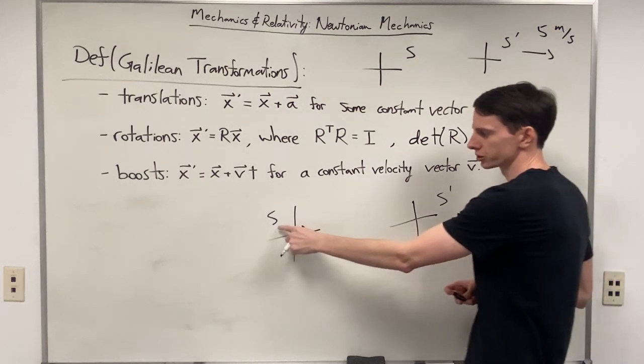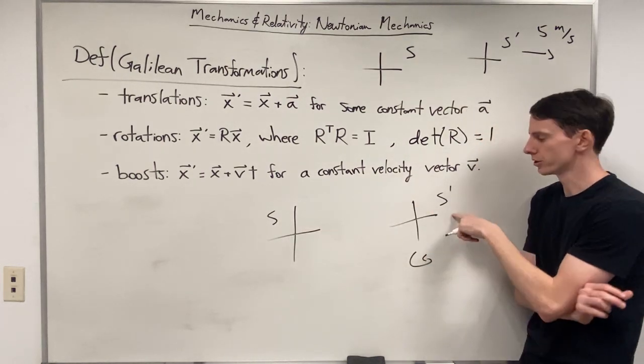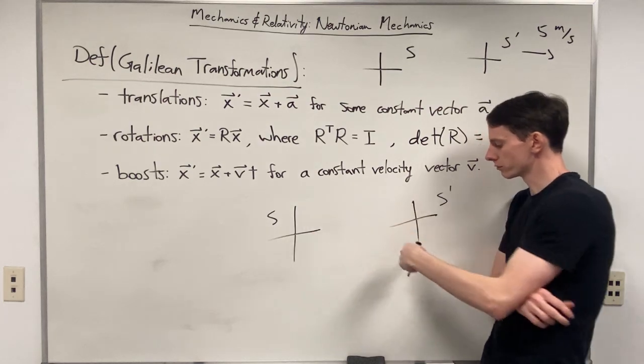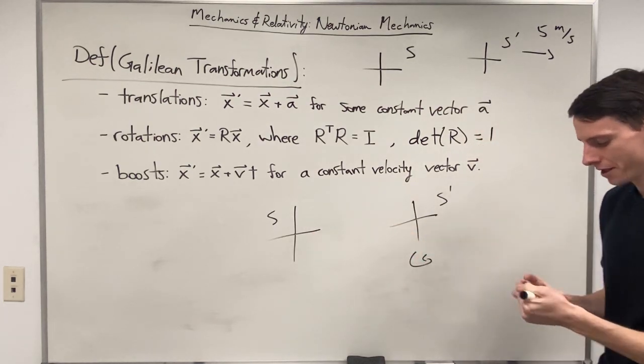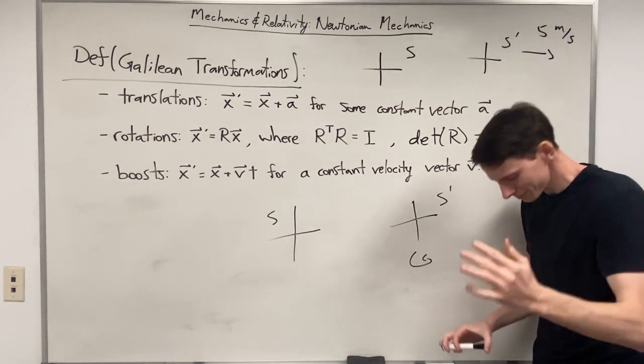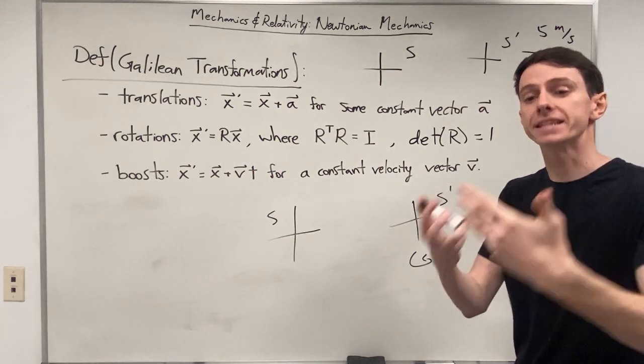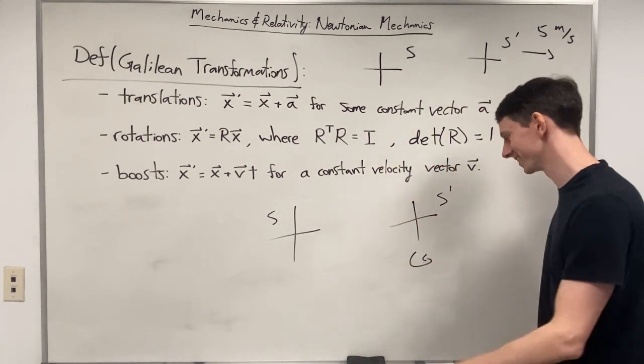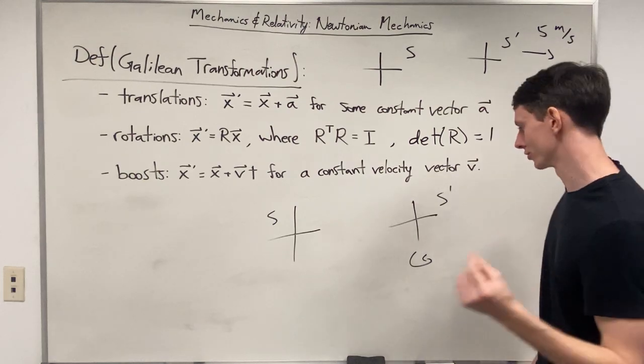We said that S was inertial, S prime was non-inertial, but isn't S prime related to S by a rotation if it's rotating? And the answer is, well, the fact that it is currently in the process of rotating is what makes it non-inertial.